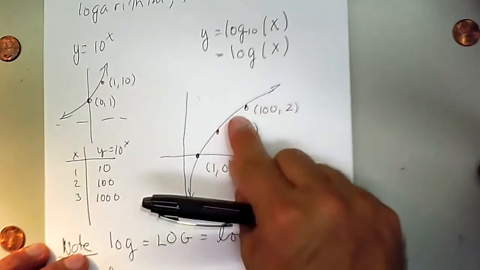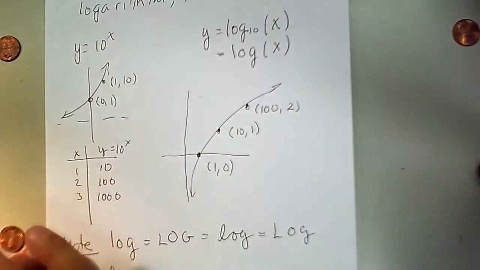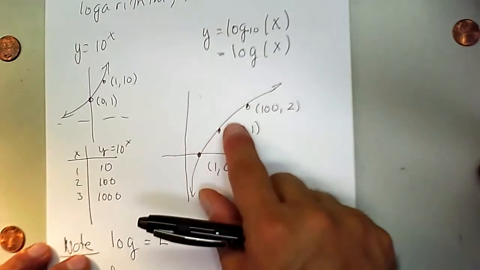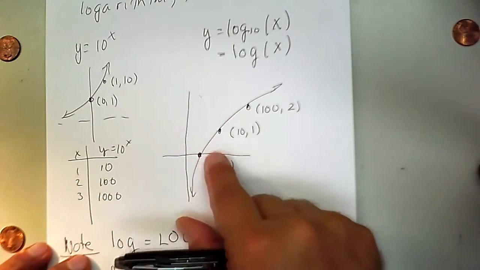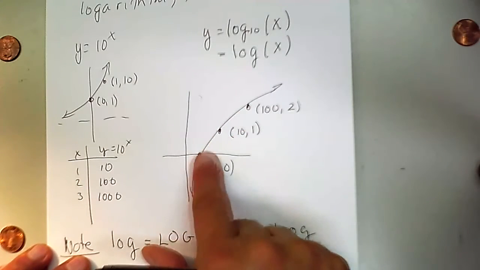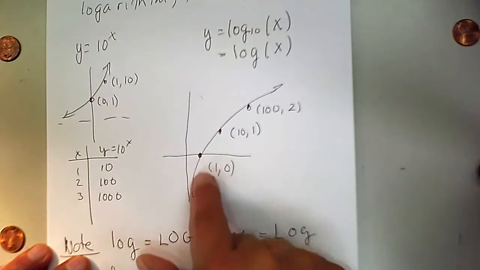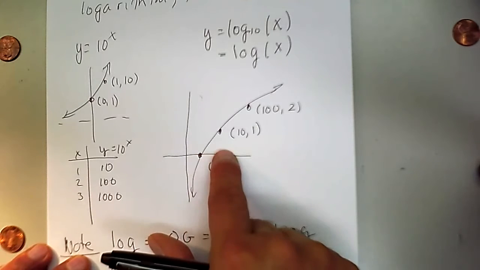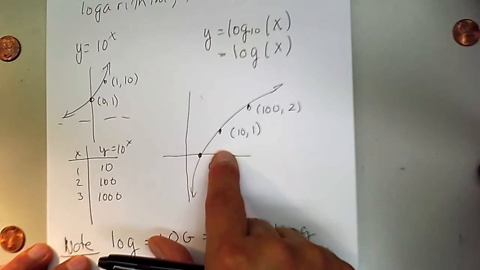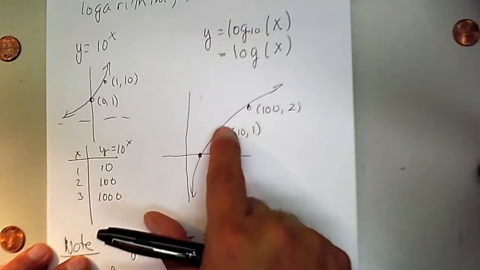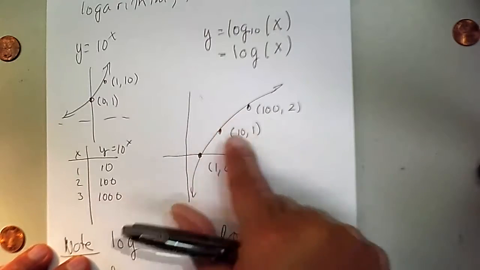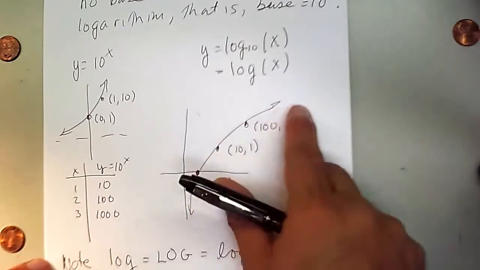So we got to go all the way up to 100. This is totally not to scale, because it doesn't make sense that from 1 to 10 we get 9 units, and from 10 to 100, we are going 90 units. It doesn't make sense. So this is not proportionally correct.